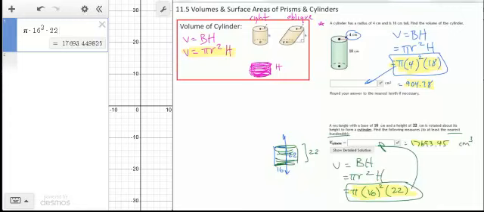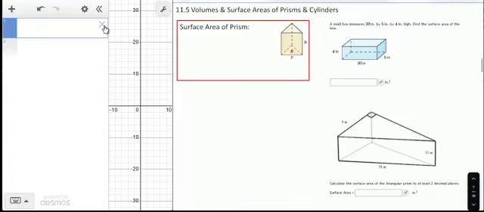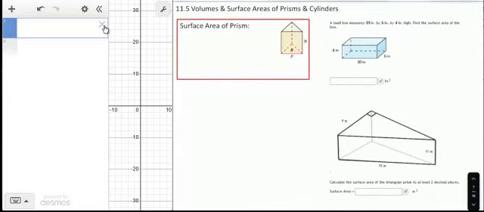All right. So half of the questions that you're going to see will be volume of cylinders and prisms. And the other half are going to be surface areas of those same two shapes. And when you think about the surface area, sometimes it's easiest to think about the net that is created by these prisms and cylinders.